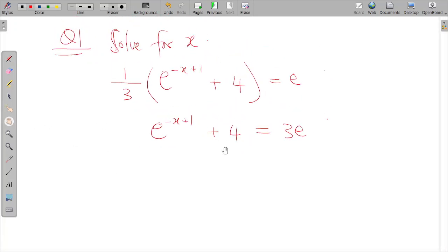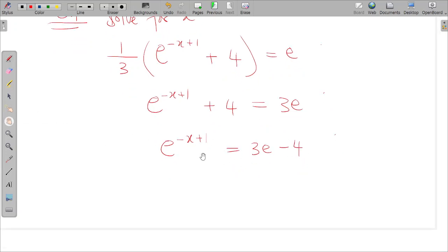Then the next thing is to take away this constant too. We take away the constant, then we have this. Now we can take the natural logarithm of both sides.